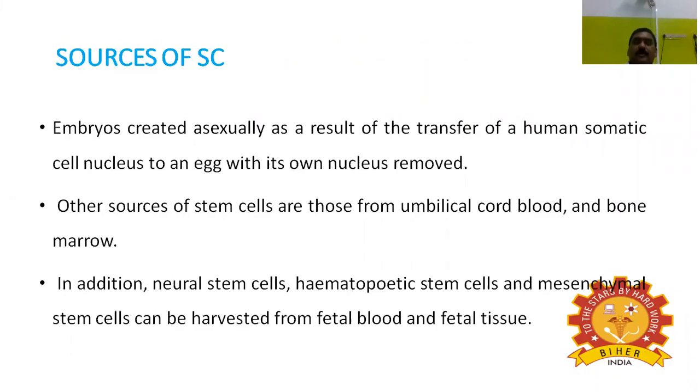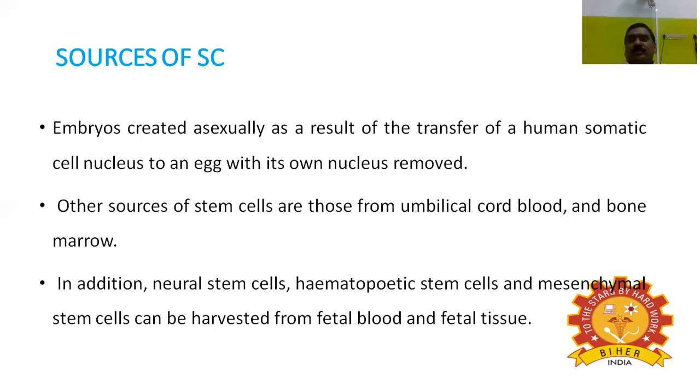Right. Next, I'm coming to the sources of stem cells in continuation. So the embryos created asexually as the result of the transfer of a human cell nucleus to an egg with its own nucleus removed.